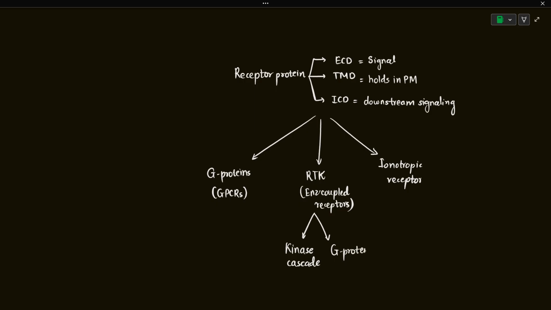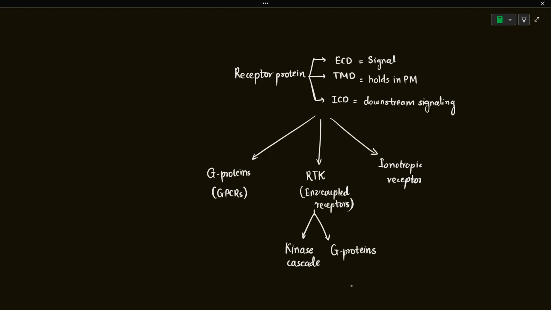Receptor tyrosine kinases can also switch on G proteins downstream, which are going to do the intracellular signaling job. For example, we learned in the RAS MAP kinase pathway that the activated receptor tyrosine kinase will activate the RAS protein, which is a monomeric GTPase.